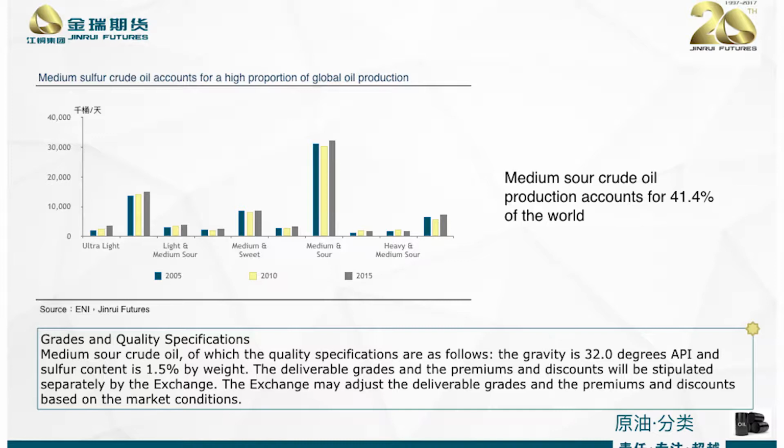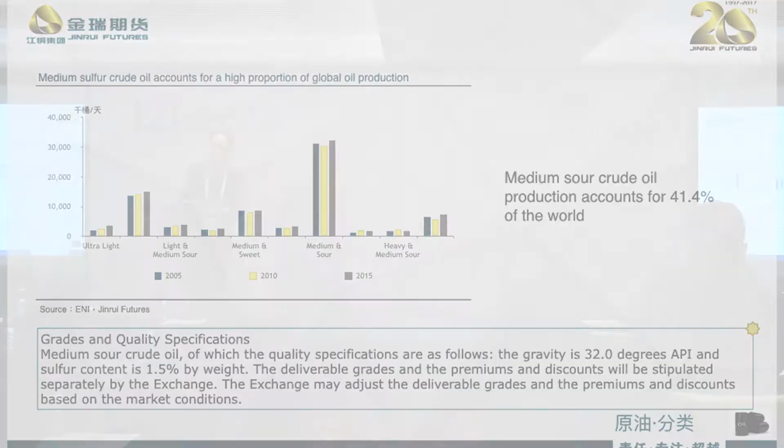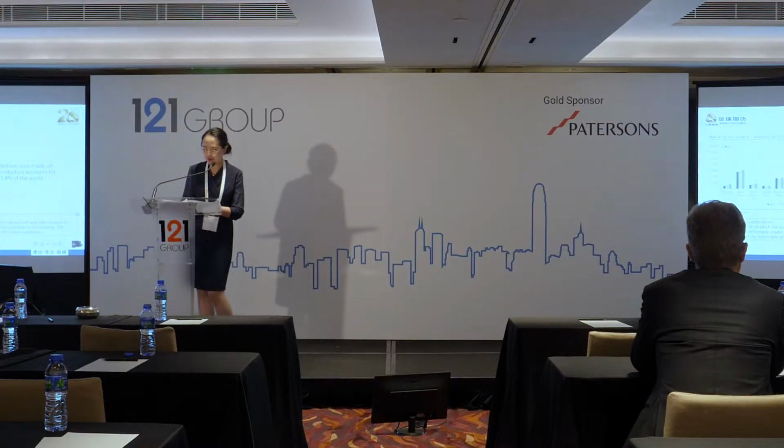From the perspective of the global output of different types of crude oil, the proportion of medium sulfur crude oil is 14%. And furthermore, in terms of the import features of China and other Asian countries, the imported crude oil of China is mainly from Russia, Saudi Arabia, Oman, Iraq and so on, where the quality of the major crude oil is medium sulfur.